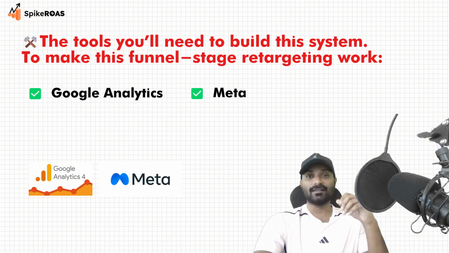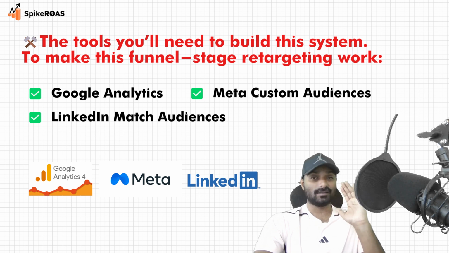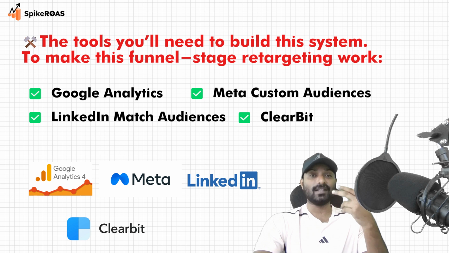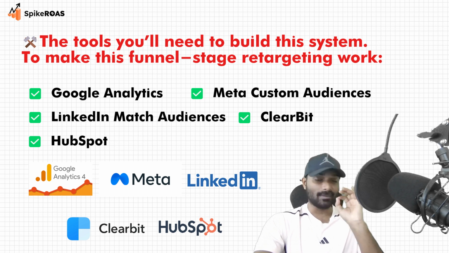You can use Meta custom audiences, LinkedIn Matched Audiences to group users by content they consumed. You can use Clearbit Reveal to enrich anonymous traffic and qualify companies. Use HubSpot or any CRM you like to sync lifecycle stages with ad audiences in real time. Together, these tools help you automate context-driven, stage-specific visibility, which is what B2B retargeting is really about.